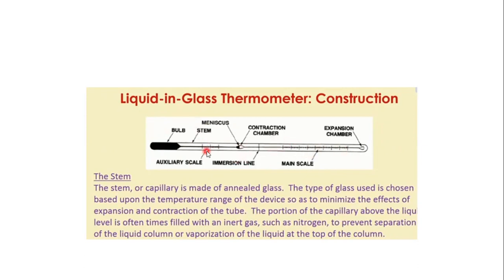That auxiliary scale is used for just measuring the ice point, that means the 0 point of temperature, to calibrate the temperature range of this thermometer. We use this graduated scale, that is the auxiliary scale, and you can see a small area which increases the stem area, that is known as the meniscus.